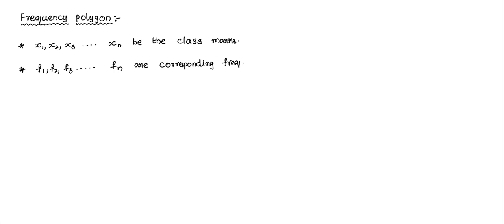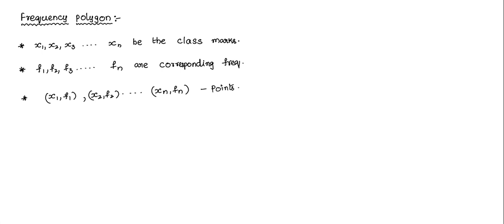So by taking these x1, f1, meaning class marks and frequencies, then x2, f2 and so on up to xn, fn on the graph sheet as points, if we join these consecutive points using a ruler, we get a frequency polygon.